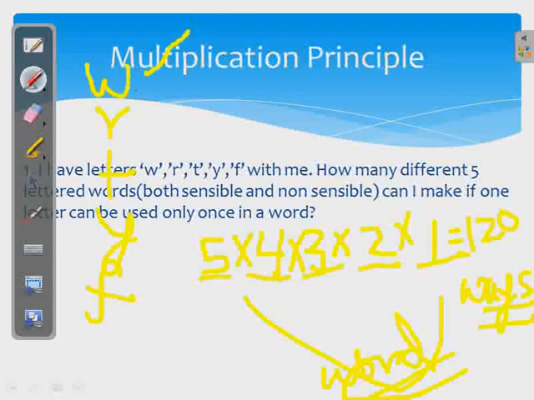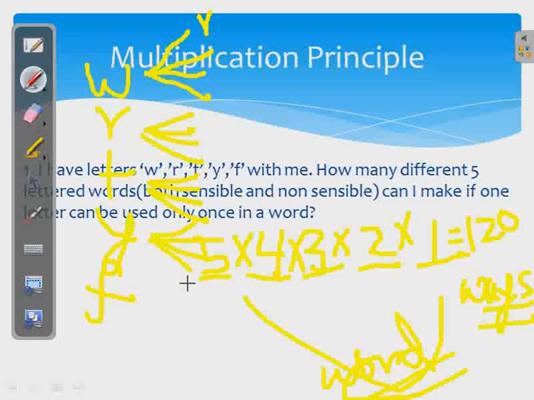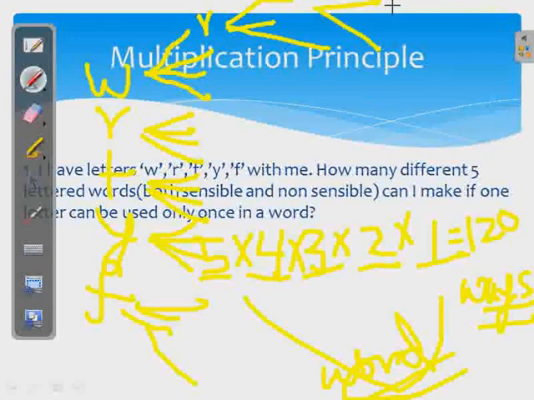With W, you can use R, T, Y, or F. With R also we can use W, T, Y, F. Here also we can use W, R, Y, F. Here we can use W, R, T, and this is Y, F. And here also we can use W, R, T, Y. Again with each of them we can use 3 other letters. If we have used W and R, then we can use T, Y, F. Again with this one we have 2 different possible letters, and with this we have 1 way.